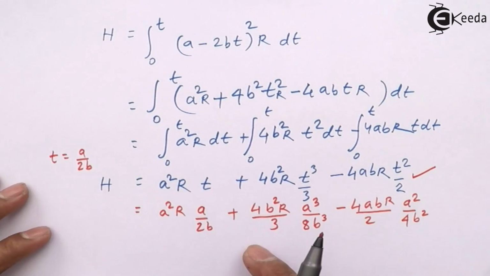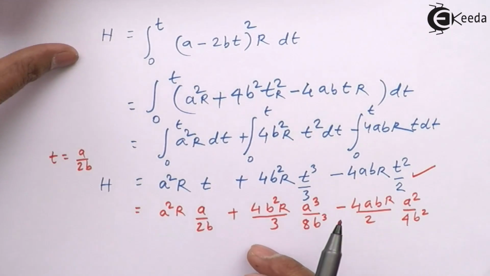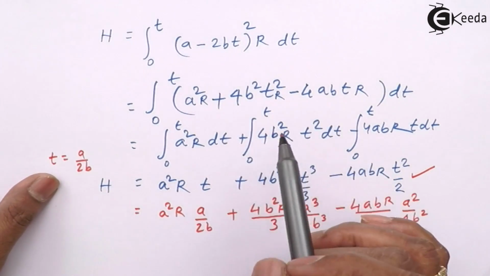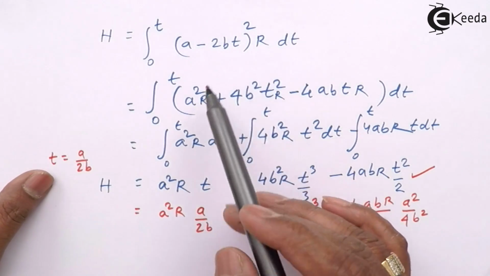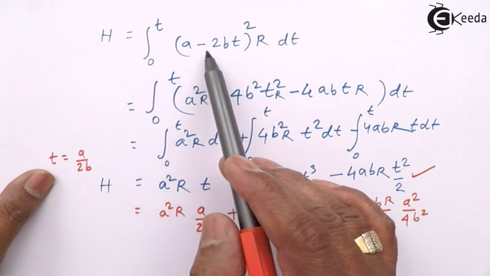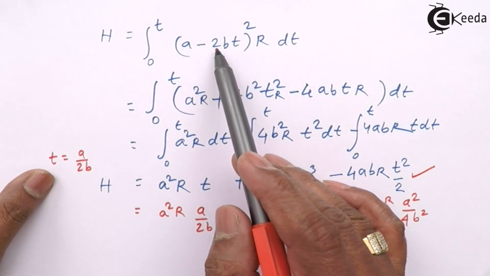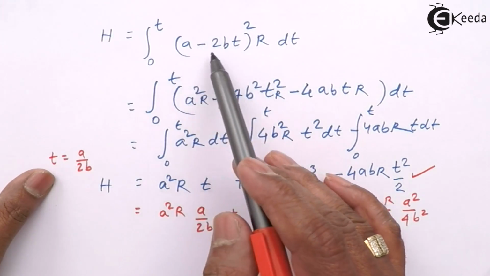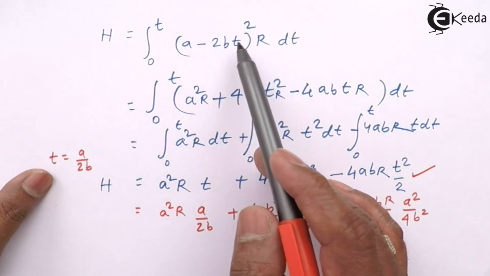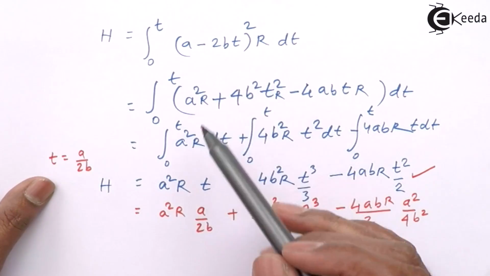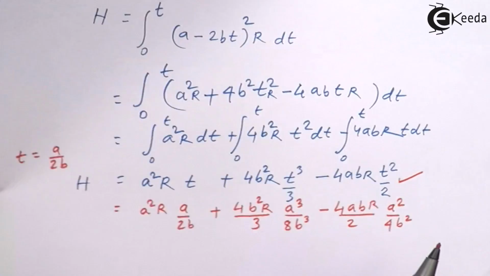Then you have to solve this to get the answer. I am explaining everything for those who don't understand. Otherwise, you can directly put the integration, use the integration. I'll tell you how to do that directly too, but first let us solve.